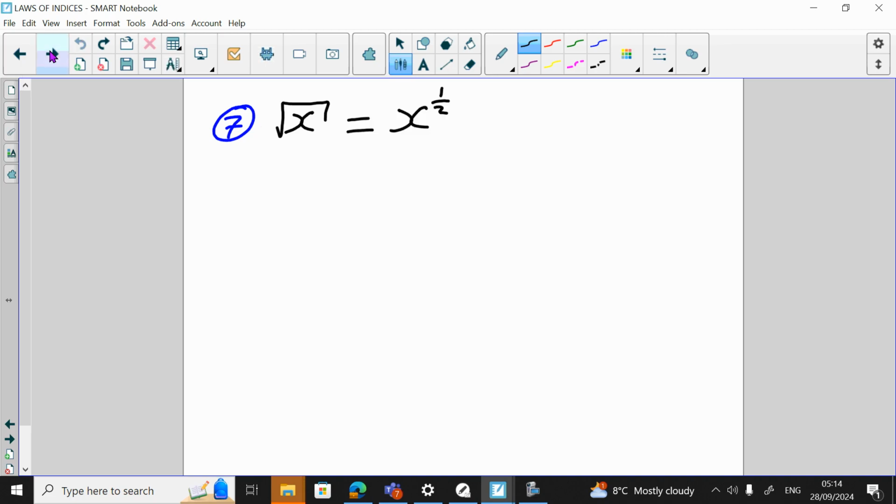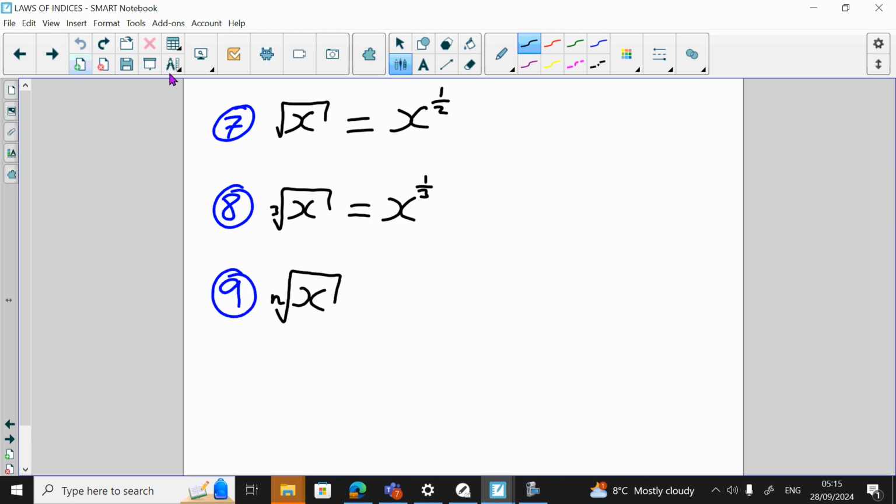So it's actually like x to the 1 over 2. Cube root of x, the third root of x, it's actually x to 1 over 3.